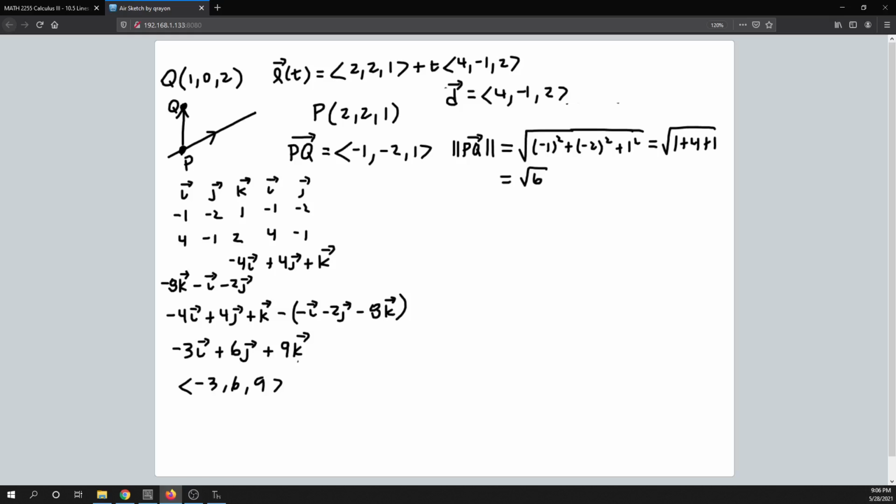So next up, we need the magnitude of that. So the magnitude of the cross product is going to be square root of negative 3 squared plus 6 squared plus 9 squared.